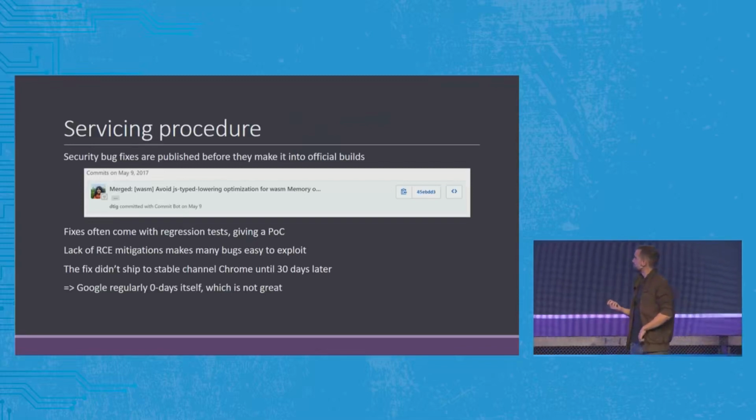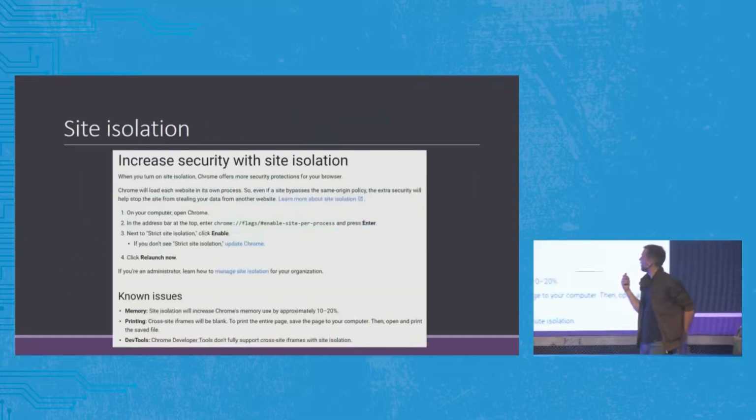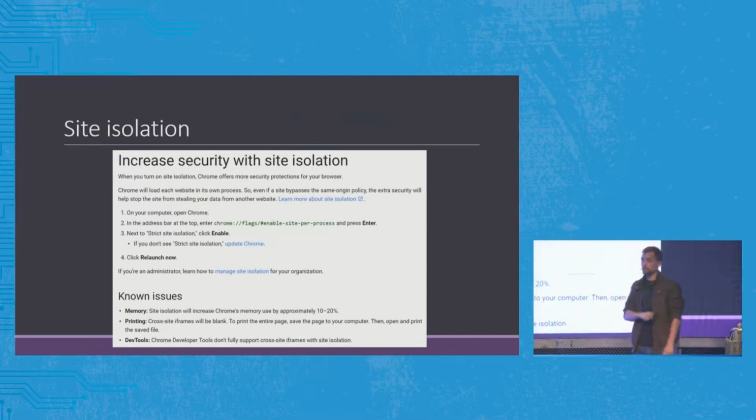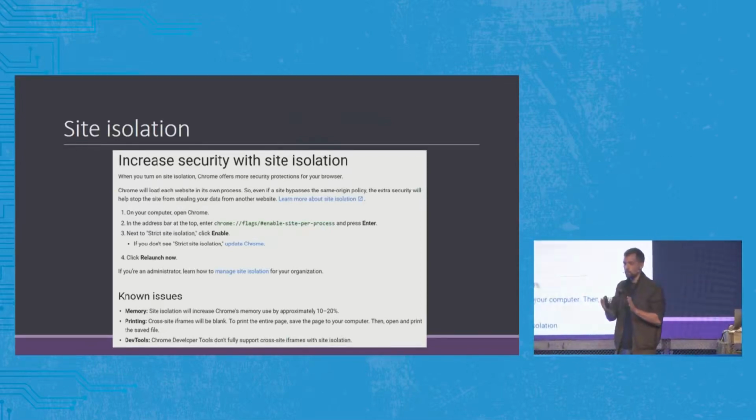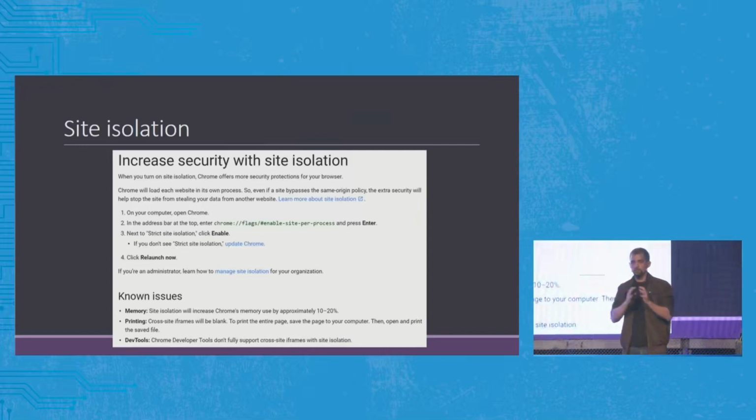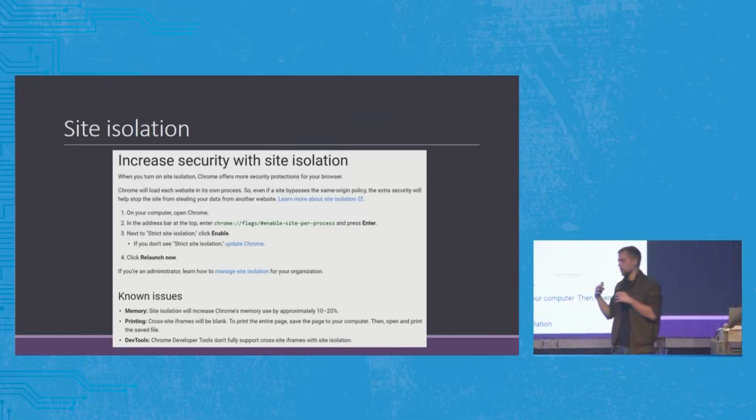So not great. Beyond that, I do want to point out that Google has been working on site isolation for a while. They are shipping this as I'm speaking right now. Basically what site isolation means is that this kind of attack would not be possible anymore. You would have a single process per tab, per origin, really.